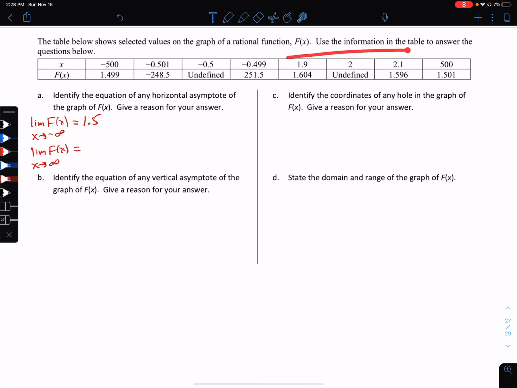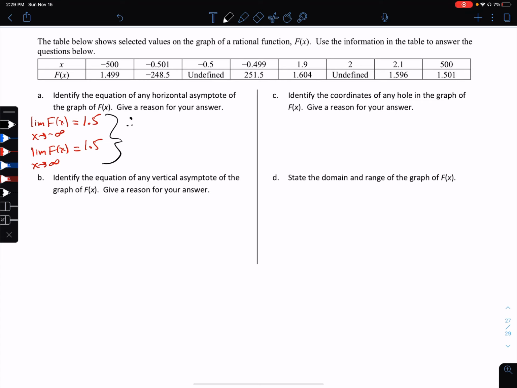As we move to the right forever, it looks like these y values are also getting closer to 1.5. Like this might be from the left underneath of it, this might be from the right. What conclusions can I draw from this?